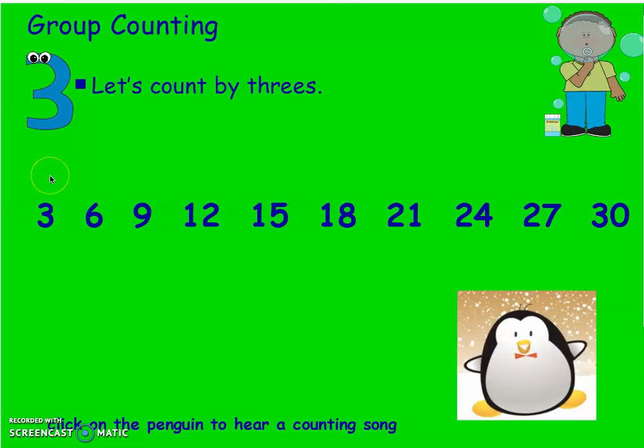Let's try making it all the way to 30. 3, 6, 9, 12, 15, 18, 21, 24, 27, 30. Stop! So that was counting by threes all the way to 30.